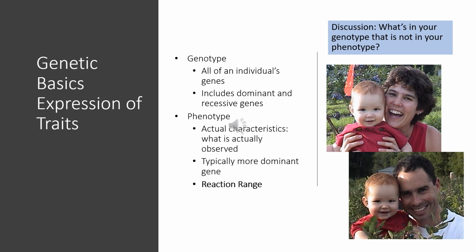And then the last concept there is reaction range. There is a range of what gets expressed in our phenotype, whether that's traits, our endophenotype, or our behavioral phenotype, and it matters based on our environmental experiences. We could imagine we all have a range of potential intelligence or IQ.